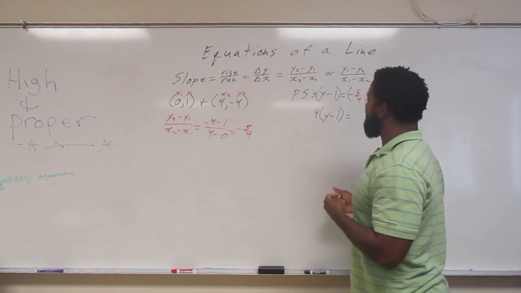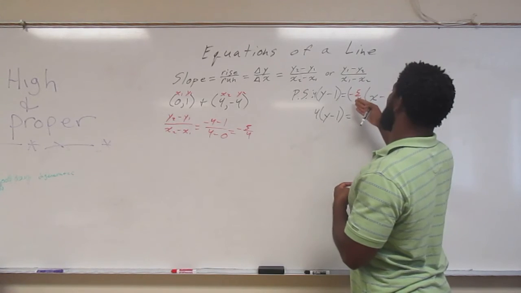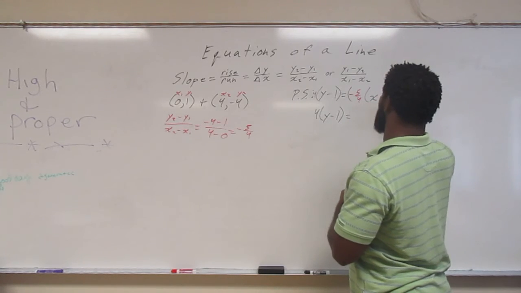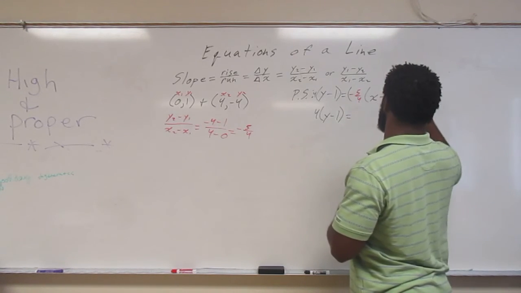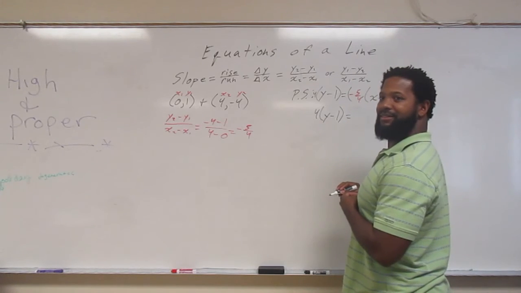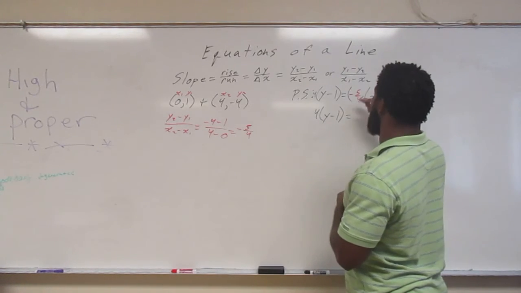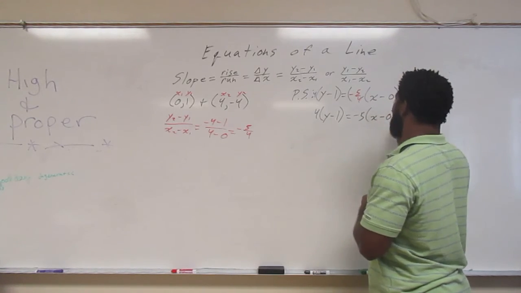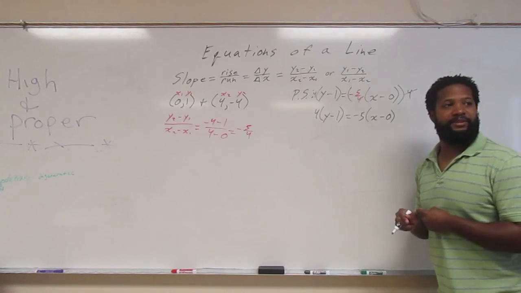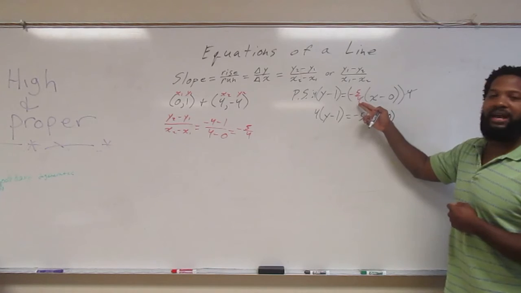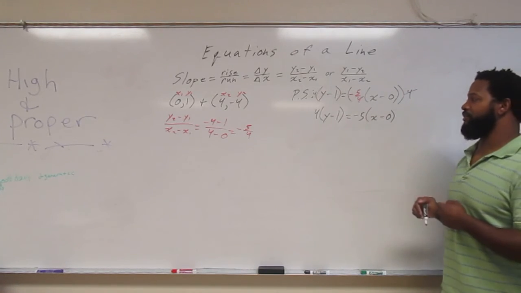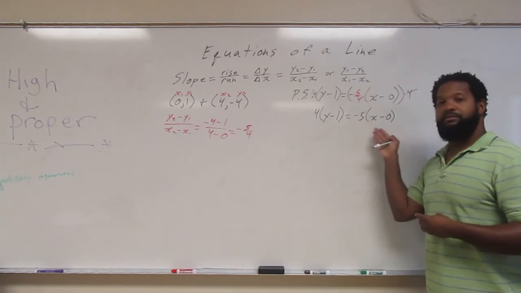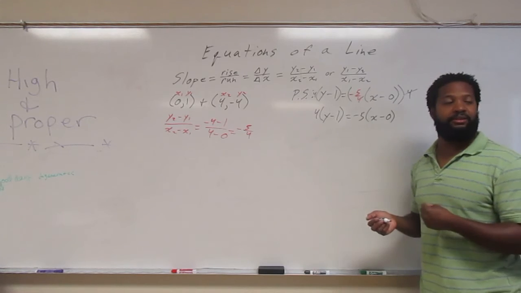Because at first this was -5/4 multiplied by x minus 0, and then I multiplied 4 times the whole thing so that these can cancel out. So I'm left with -5 times x minus 0. You see that? In order to get rid of the denominator, I just multiplied the denominator on both sides. Now you're just working with two distributive properties on either side of the equal sign.